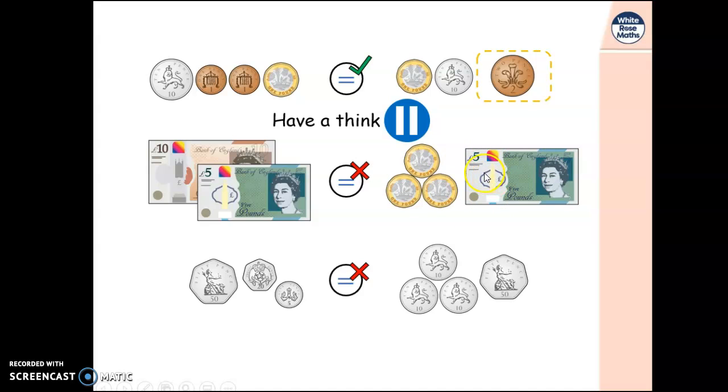So if we have 8 and we add 2, we could make £10. Then once we've got 10, we need to make 15. 10 add 5 equals 15. So we've got the 2 that we added to make 10. 2 add 5 is 15.